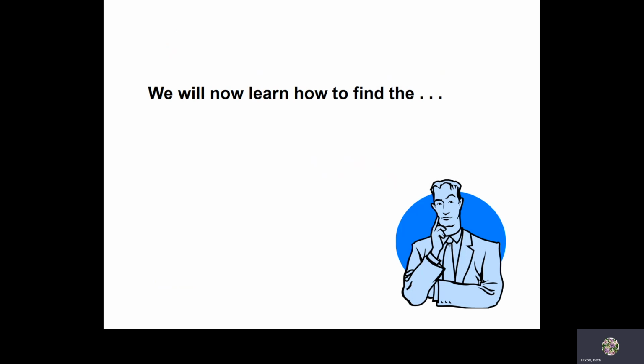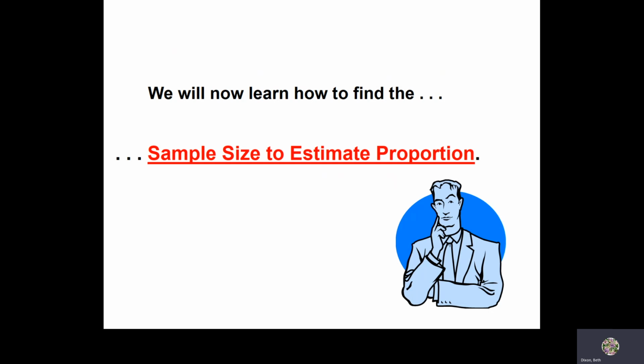So next in this line, we're going to look at the sample size for a proportion. How do we find a sample size for proportions? Notice that the next topic here is how large a sample I should take.